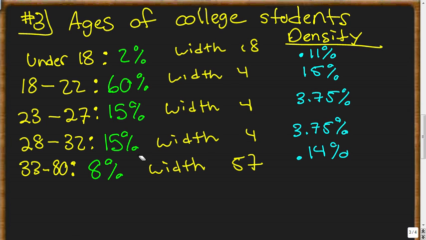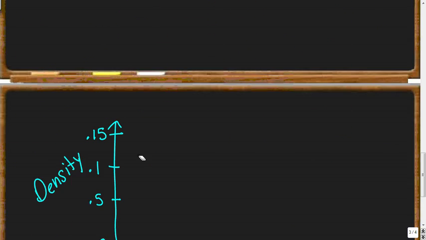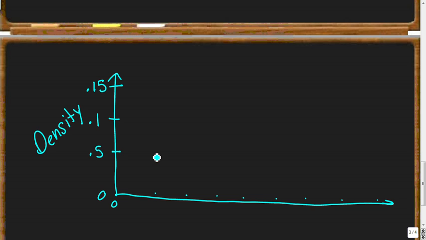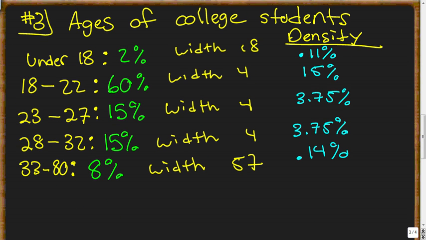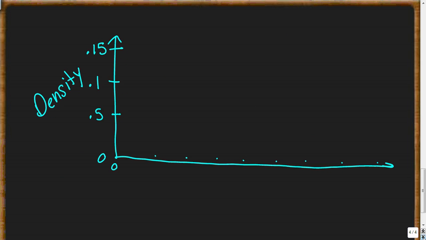So if we went through and graphed this, follow me. I've made a dot here every 10, just so that I'm keeping things consistent. We start off, and we've got up to 18 and 22. We've got 0.11 and 15%. So up to 18, which will be about right here, I've got 0.11%.